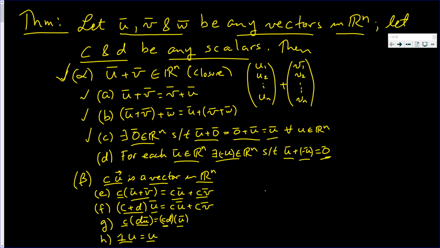And u1 through un and v1 through vn, they are real numbers. And when you add them component-wise, you add the first components, the second components, all the way down to the last component.